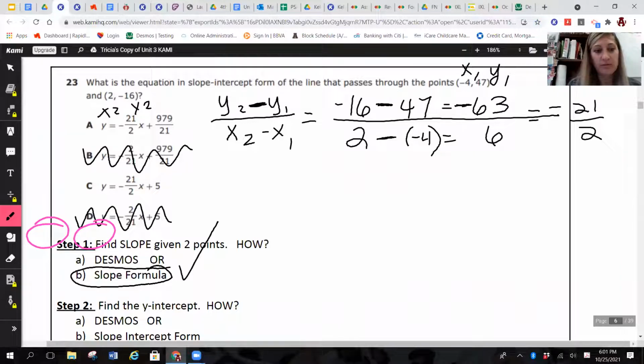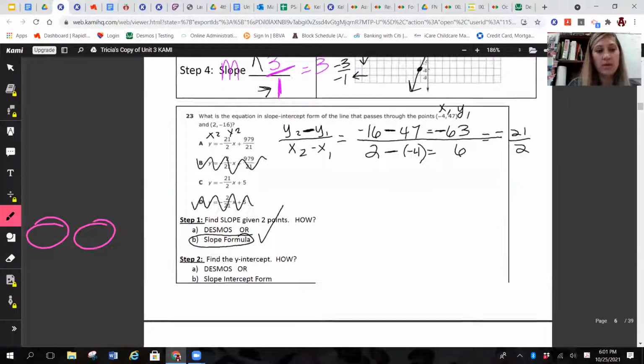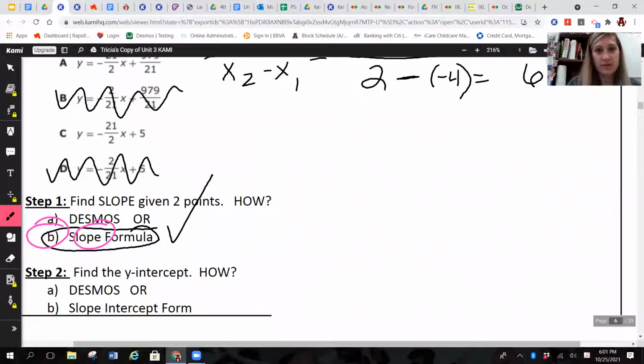So in theory, using Desmos can combine step 1 and step 2. Using Desmos, you would do y1 squiggle mx1 plus b.